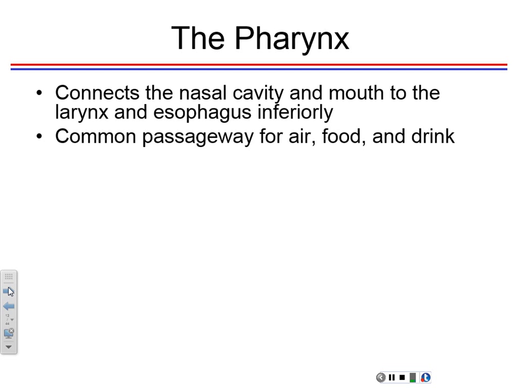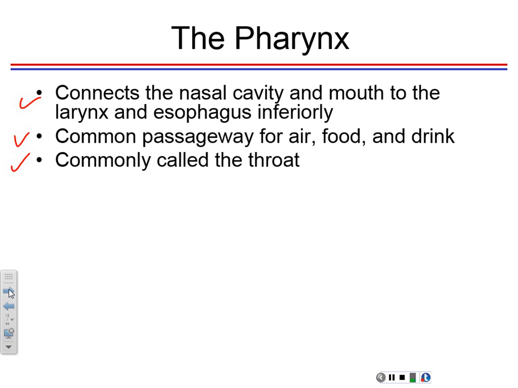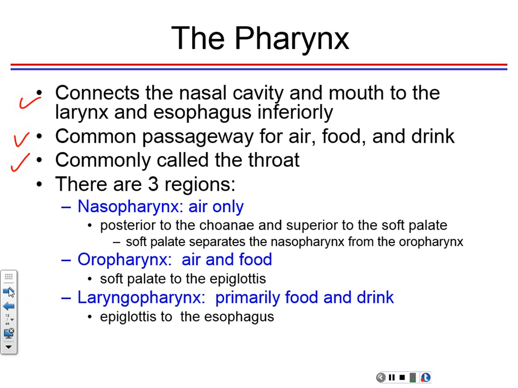Then we talk about which passageway does which things, like air, food, and drink. It's a common passageway for air, food, and drink; everything goes through the throat. Then it is channeled, and we'll talk about some of those mechanisms for channeling these different mediums. It's commonly called the throat, but we're going to call it the pharynx.